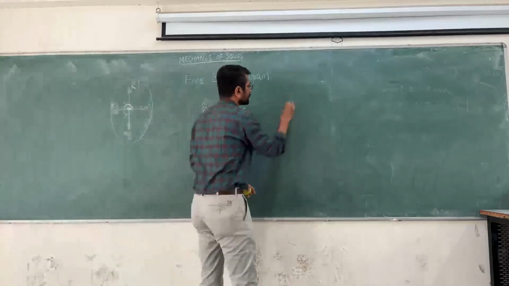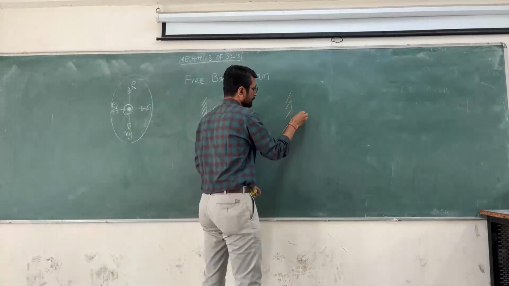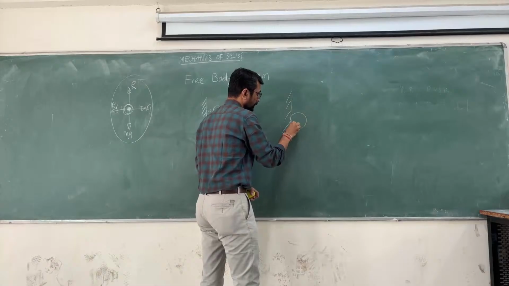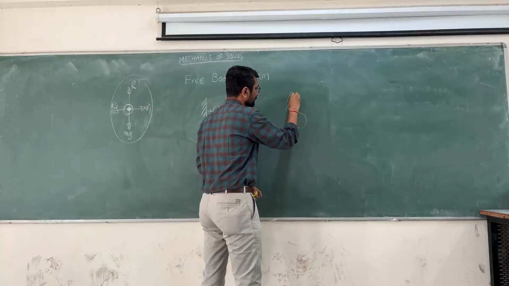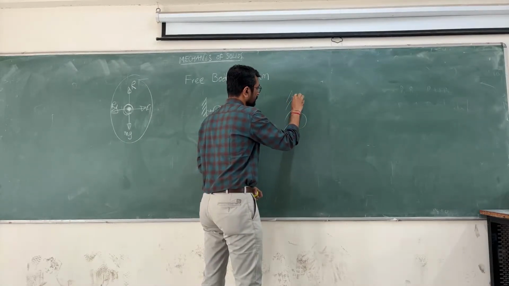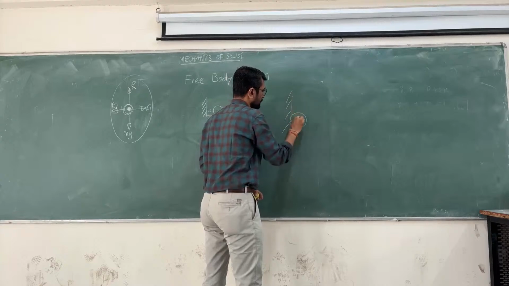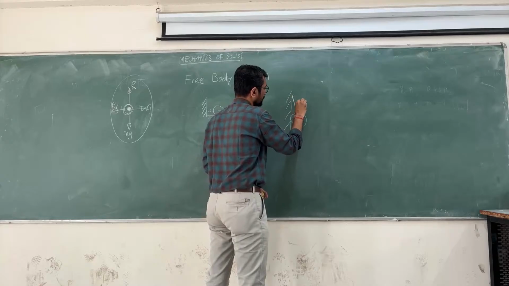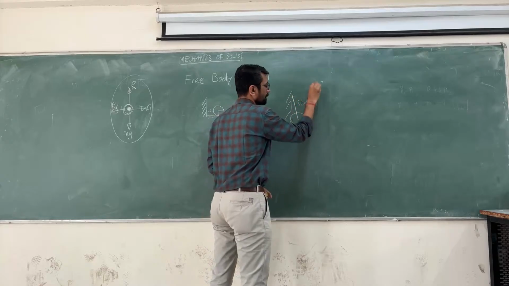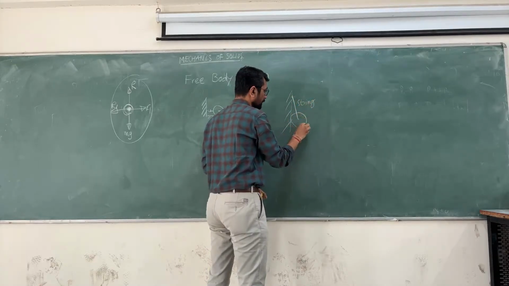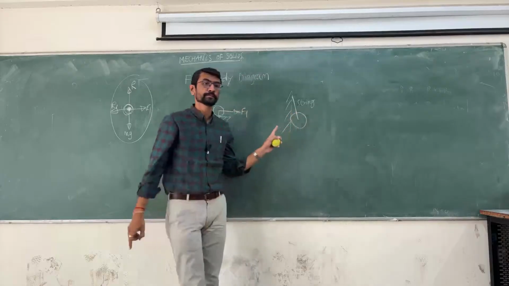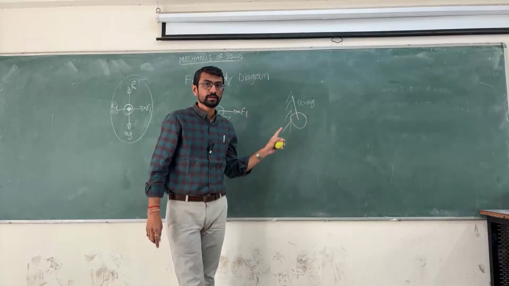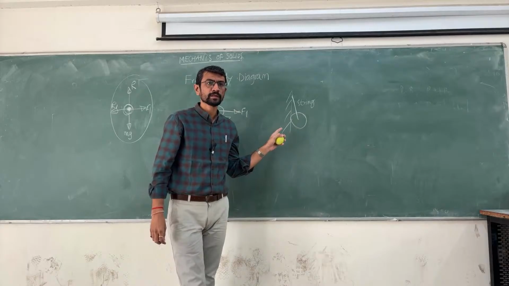Now suppose this is the wall, this is my ball and it is attached here. This is the center. This is the string. This is the ball. Is this in equilibrium? It will remain in equilibrium.